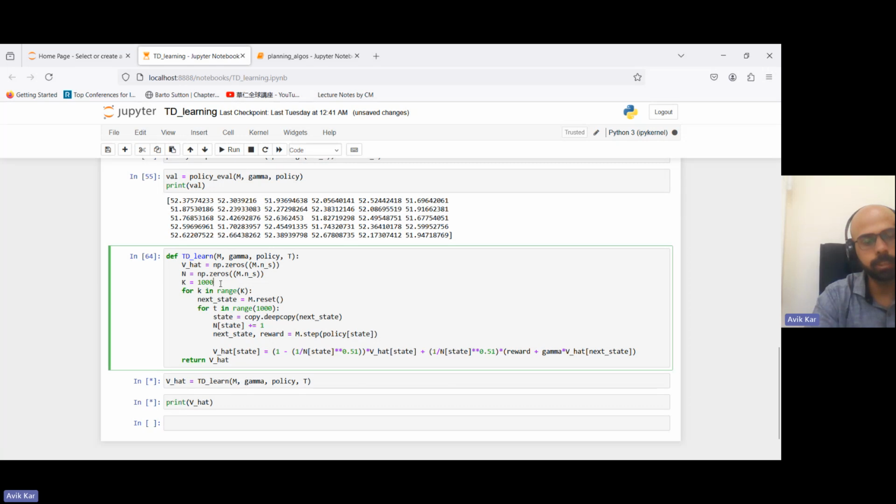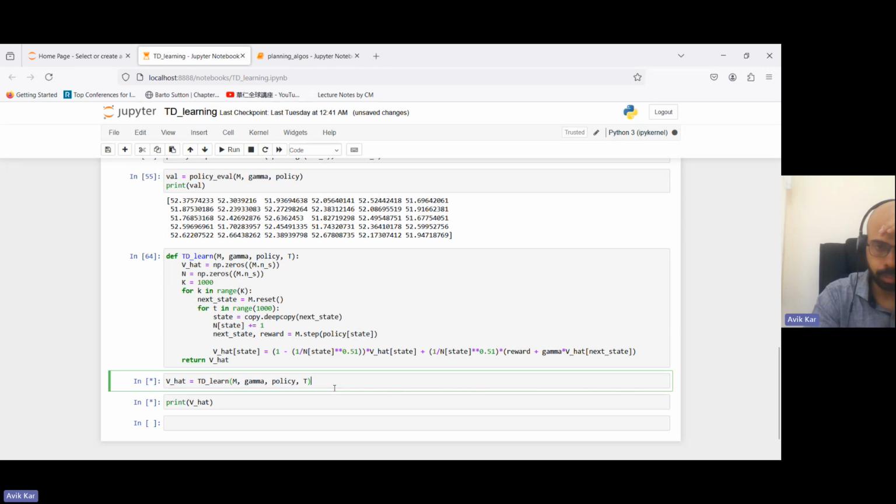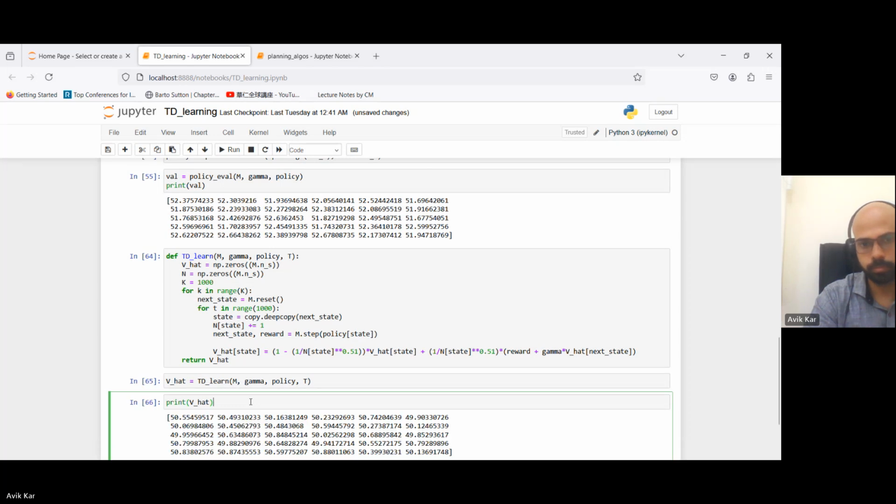So here I have increased k to 1000. It will take more time, but I hope that it will be closer to the true value. Great.